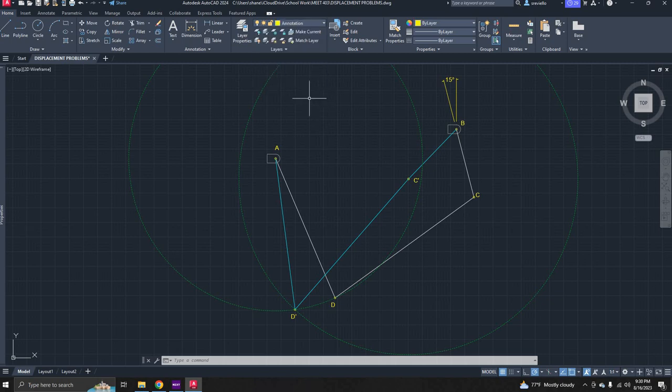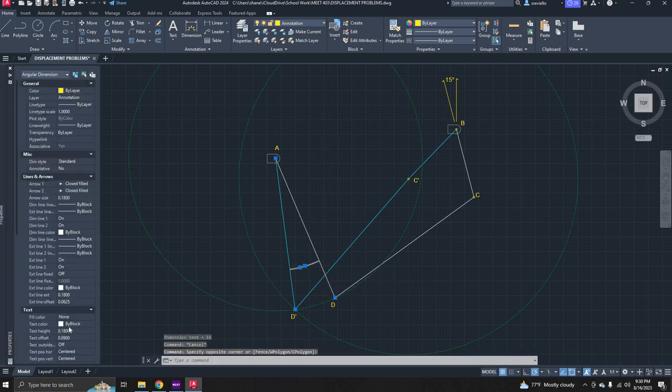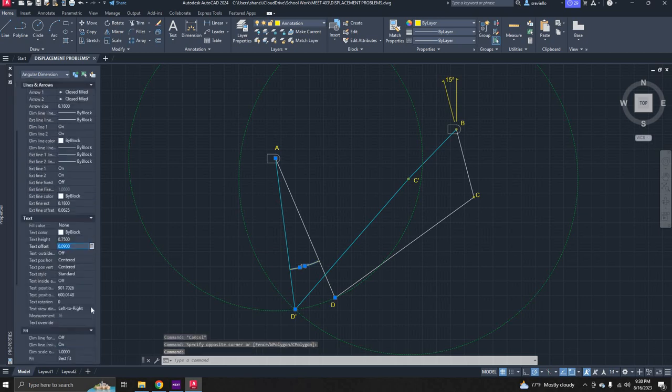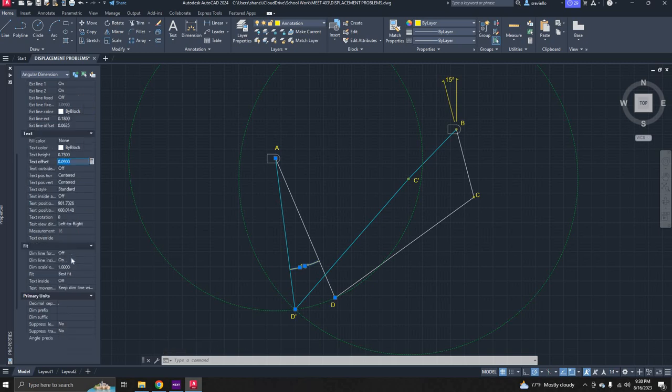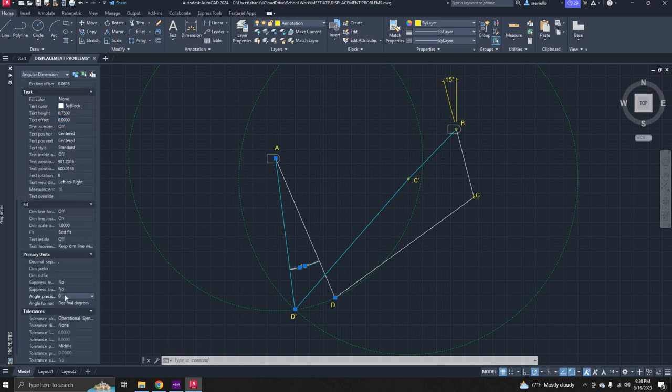So let's annotate this. Let's get a measurement. AutoCAD defaults angle precision to 0.